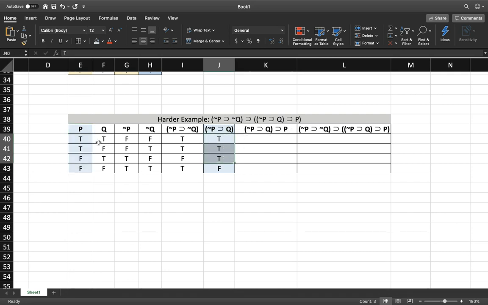So out of all these, the consequent is false only in this last piece. So this is true, and that is false. Therefore, this sentence is false only that time. The rest of the cases, it is true.